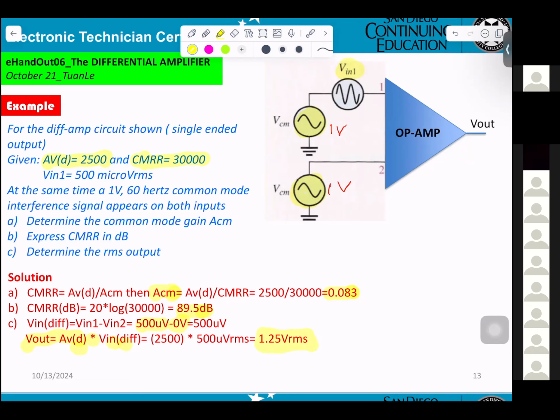That will be telling you one thing. The input, V in, is 500 microvolt. That's a very small signal. And the noise is 1 volt. No way you can see 500 microvolt inside 1 volt.